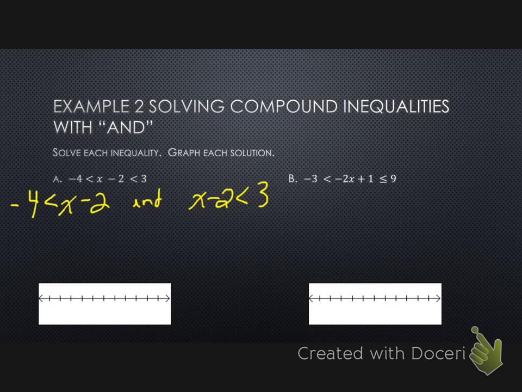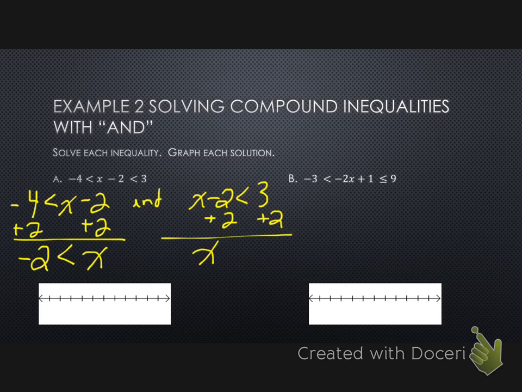To get x by itself, I need to add 2 to each side. And I'm going to get negative 2 is less than x. And then over here I'm going to add 2 and get x is less than 3.